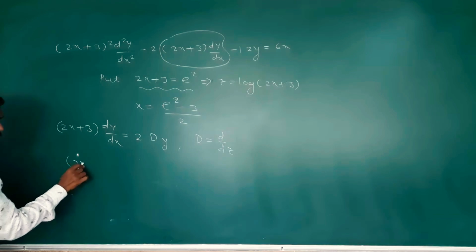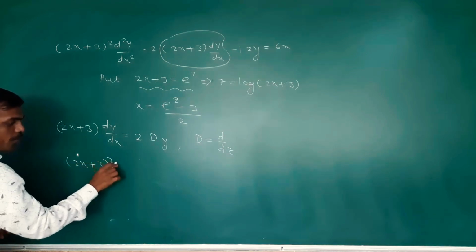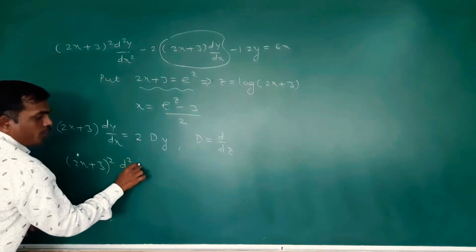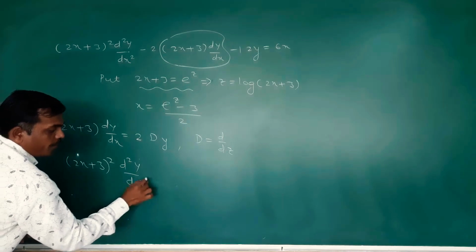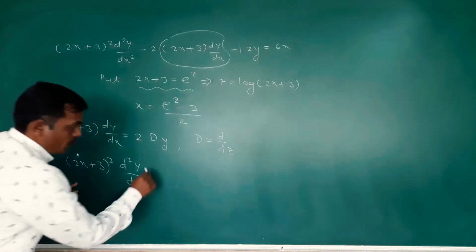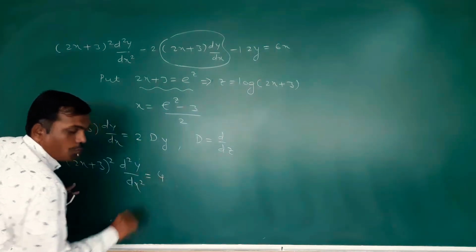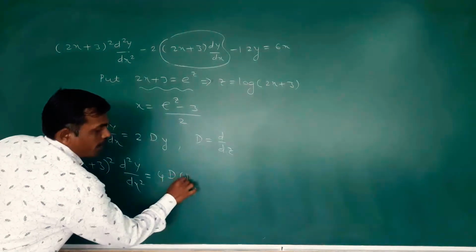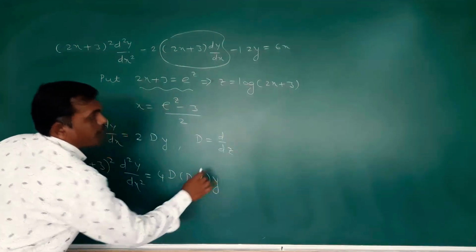So (2x+3)² d²y/dx² is equal to 2², which is 4, then D(D−1)y.